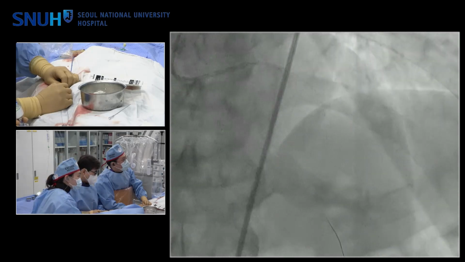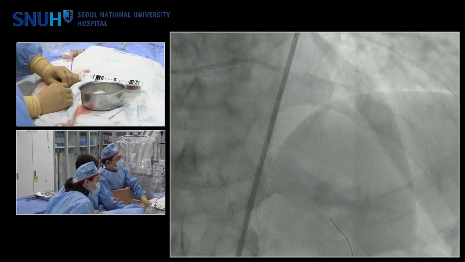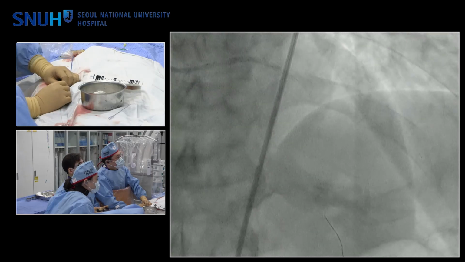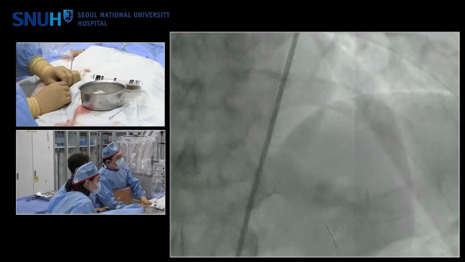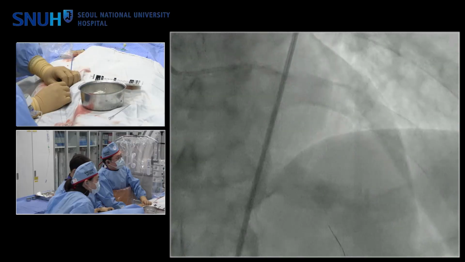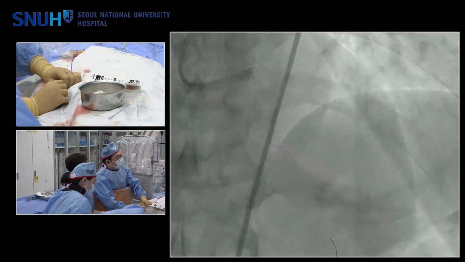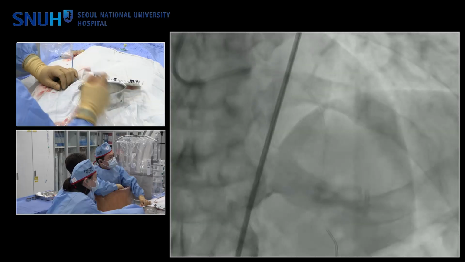So maybe just a comment on the balloon size. The key thing about IVL is you have to have apposition. So in this case, we would tend to oversize. We would have taken 3.5 because we're concerned about apposition to the proximal vessel. The reality is that in the distal vessel where it's 3.0, you can inflate the IVL balloon to 2 atmospheres, and you're not going to cause damage.